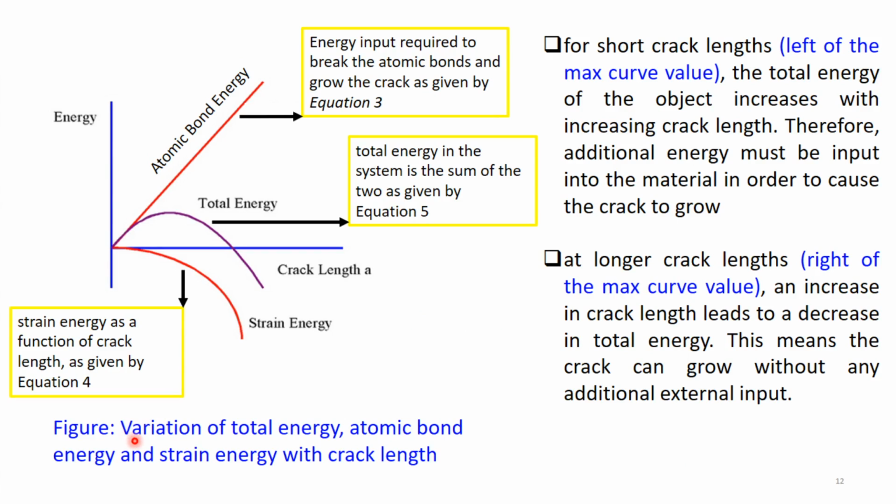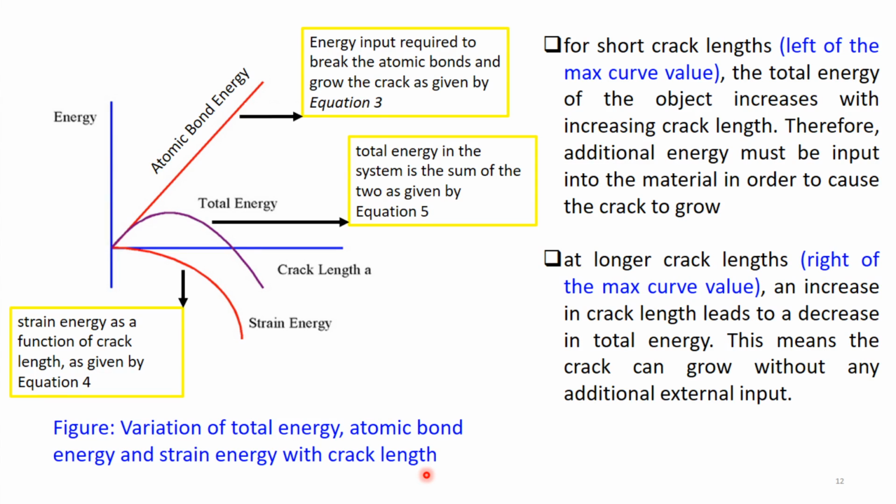So this figure is about the variation of total energy shown by purple color, atomic bond energy shown by this reddish straight line, and strain energy also shown by the red curve, with crack length. So this is all about the variation.